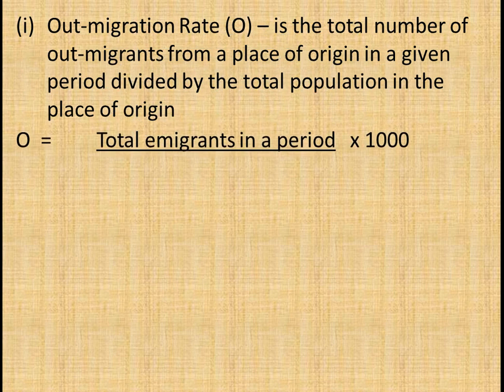So the out migration rate, we start by dividing the total emigrants, people who have left an area in a certain period, by the total population of that area, times 1000.